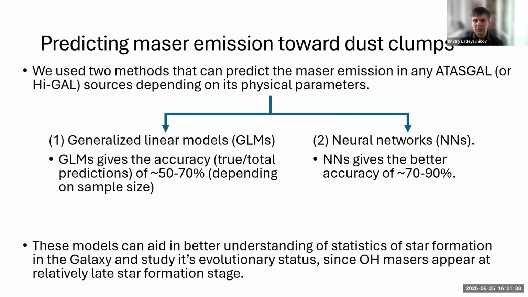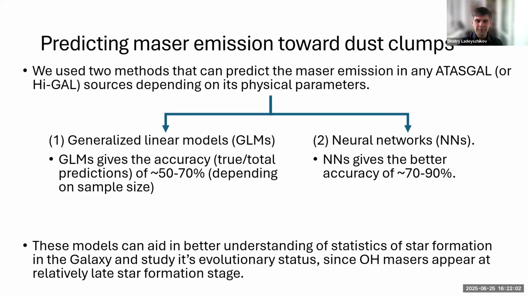In this case, blind surveys are ideal for training, because in each source that ATLASGAL has, without detection, it can be used for training as non-detection, because a blind survey will not miss anything, only in terms of sensitivity. So we use two approaches. The first one is simpler, generalized linear models, and the second one is neural networks.